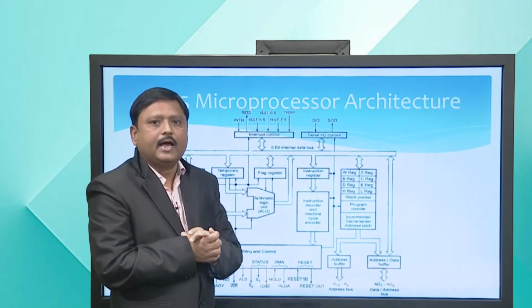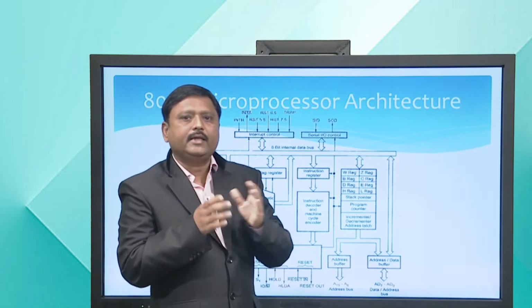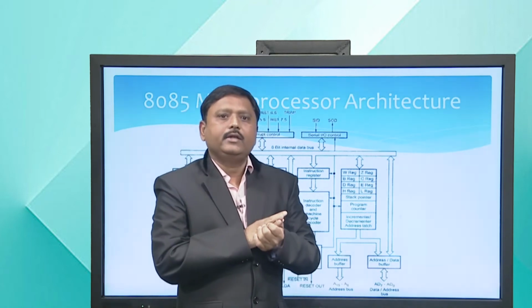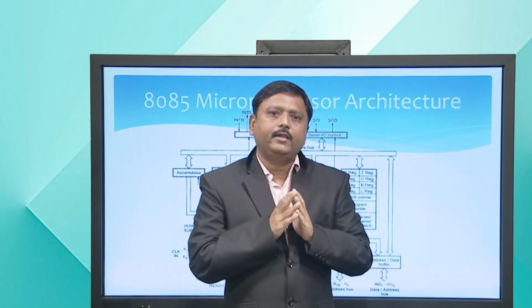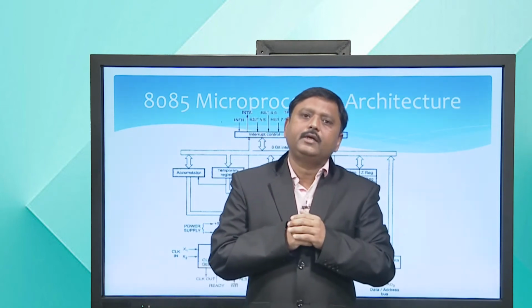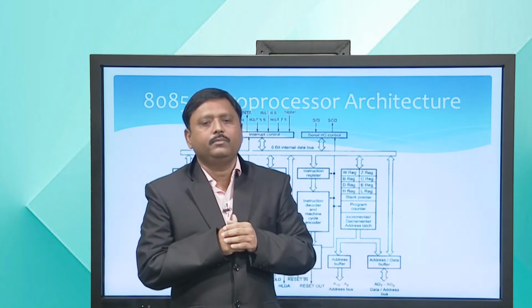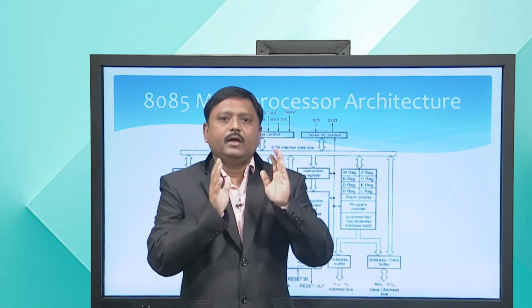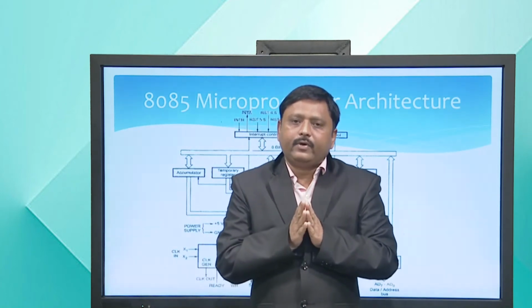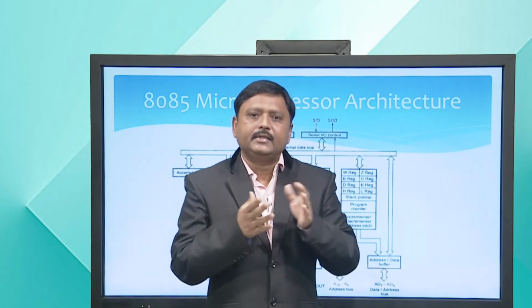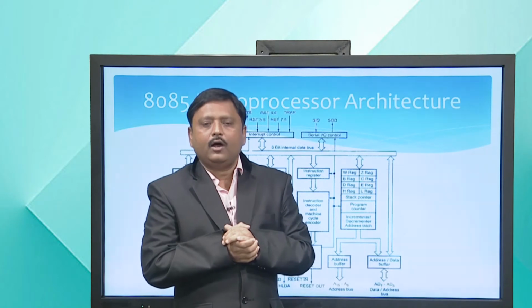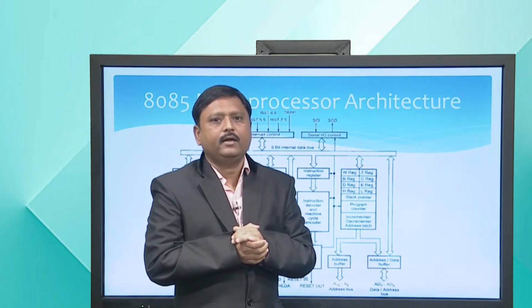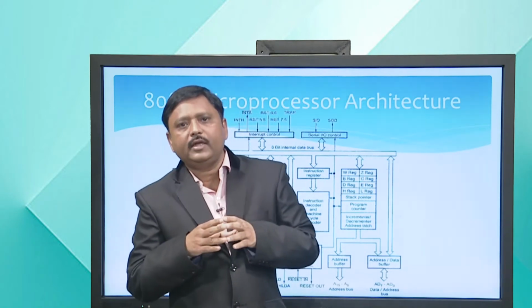The first is INTR, a maskable 8080 compatible interrupt. When this interrupt occurs, the processor carries out one of the instructions from the bus. The second interrupt is RST 5.5, again a maskable interrupt. It allows the processor to keep the data of the PC register in the stack, and its address is 2CH.